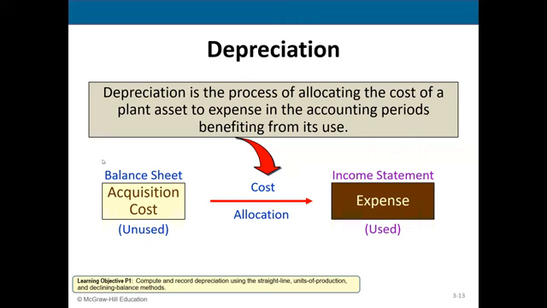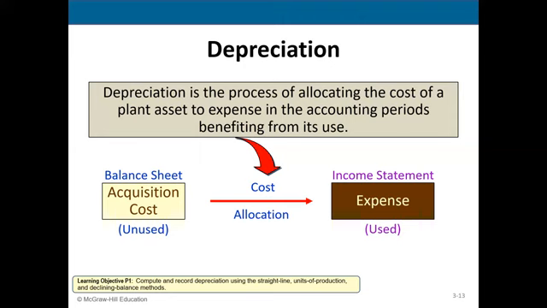The concept of depreciation is that we are expensing out the loss of the useful life over time. Okay? And then we do that through this concept called depreciation expense. It's an expense account that goes on your income statement. Okay, at the end of each year, we do it as an adjusting entry.